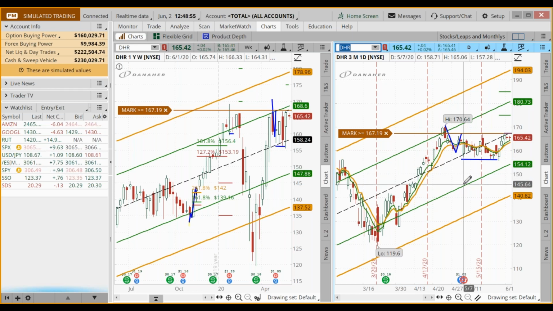That's an interesting concept. That's kind of like a secondary confirmation. If we were adhering to that rule, we wouldn't have gotten in back here because that was an up day.